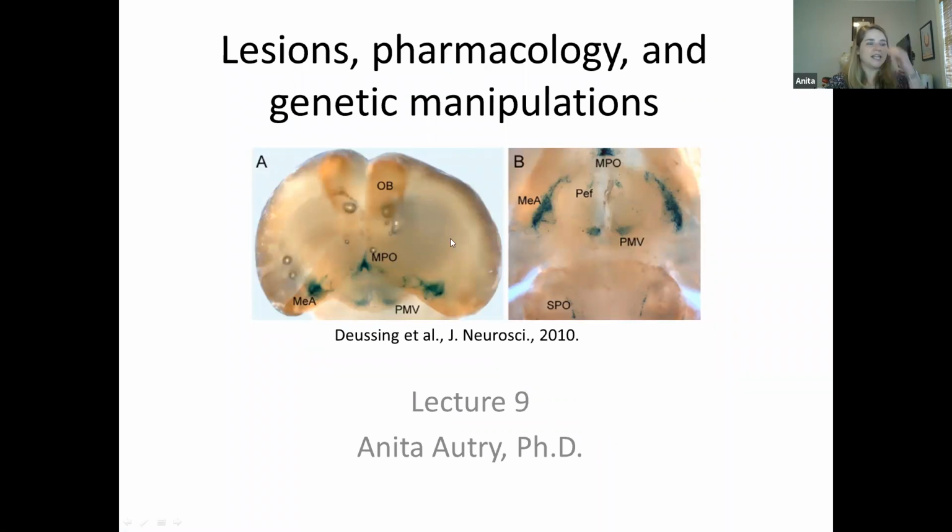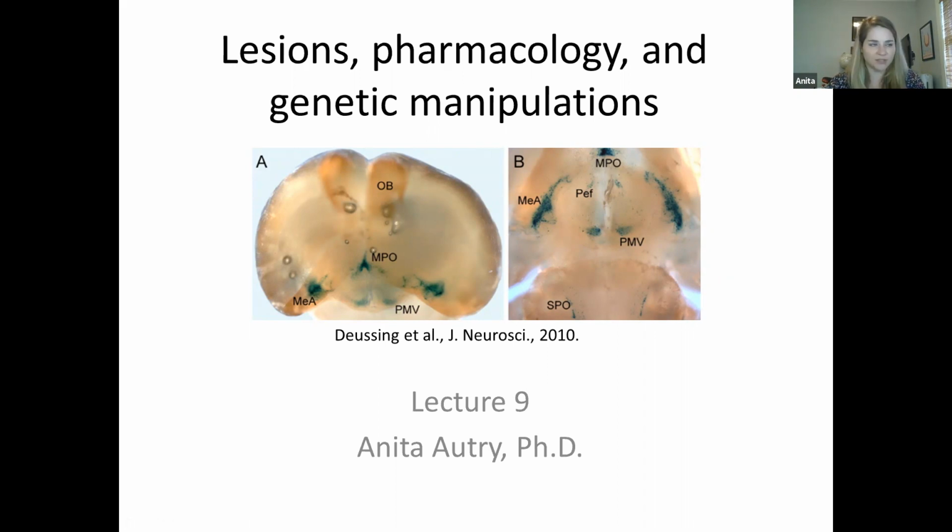All right, so today I'm just going to quickly go through lesions and pharmacology, more or less just to tell you what you can do and what the limitations of using those techniques are, because for the purposes of this course, it's much more important to go through genetic manipulations in detail.